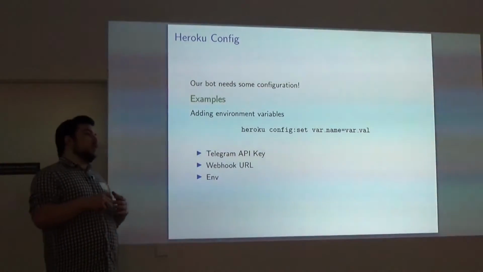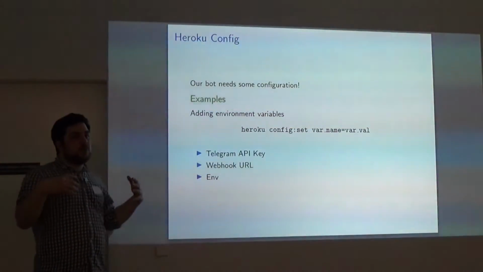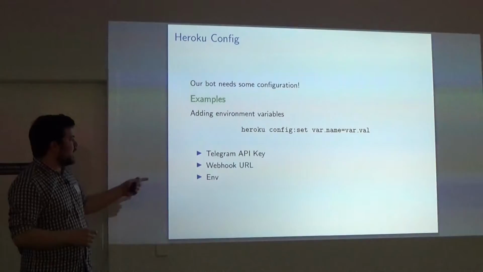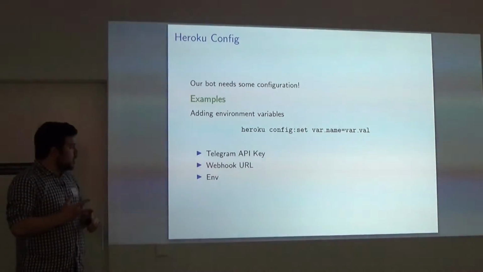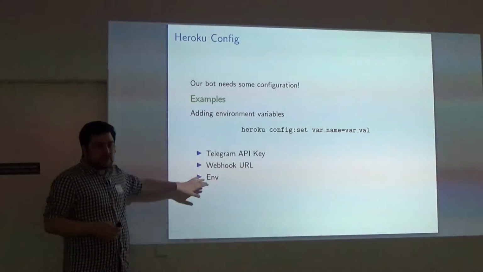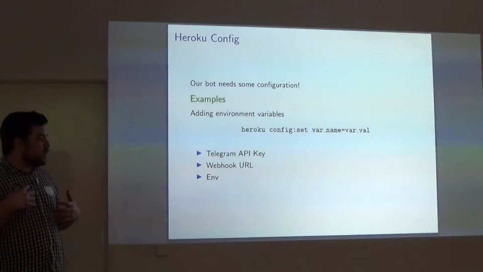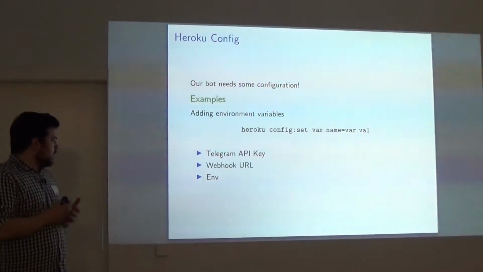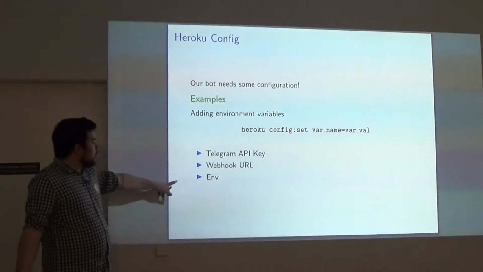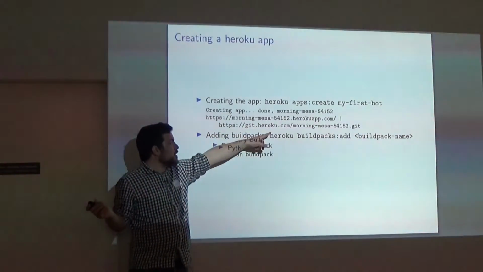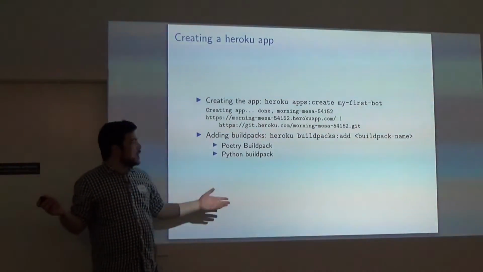What else? Of course, as you've seen before, we need some environment variables, which are basically the Telegram API key, the webhook URL, and this env variable that I created for telling the bot, hey, run this in webhook mode. And of course, this webhook URL is the first one that Heroku sends, the one that ends in herokuapp.com.